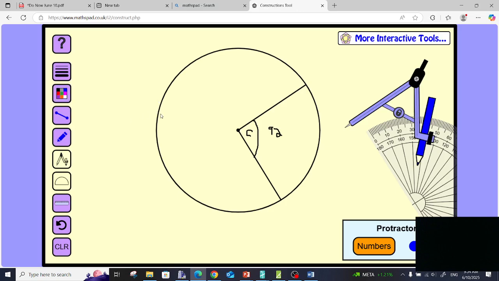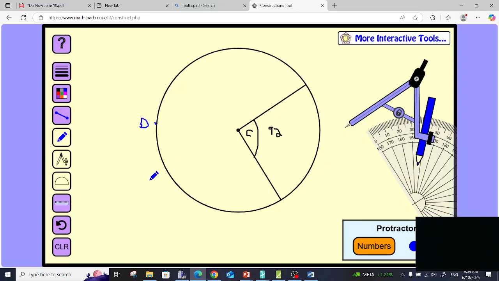Okay, so I have a point right here. I'll call this A and this is B. I can't call it C because C is the center, so I'll call this D. Or you could call it whatever you want.